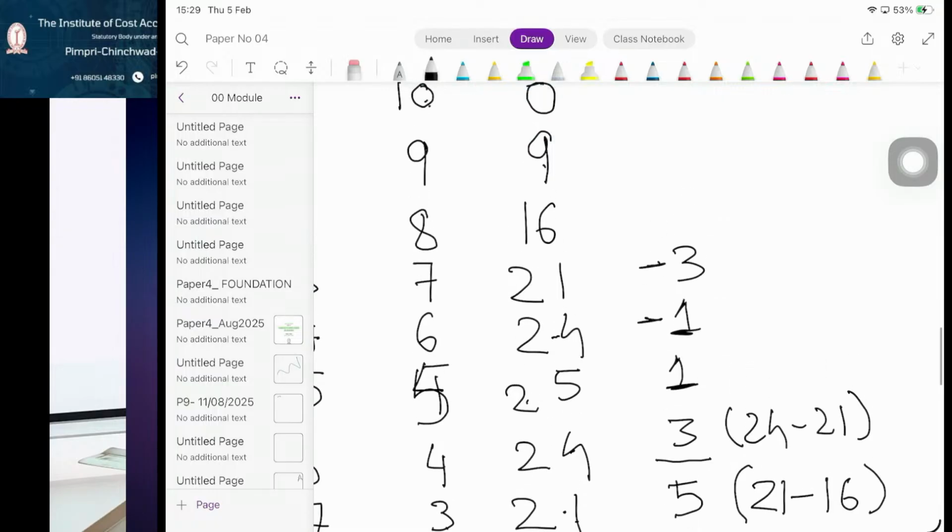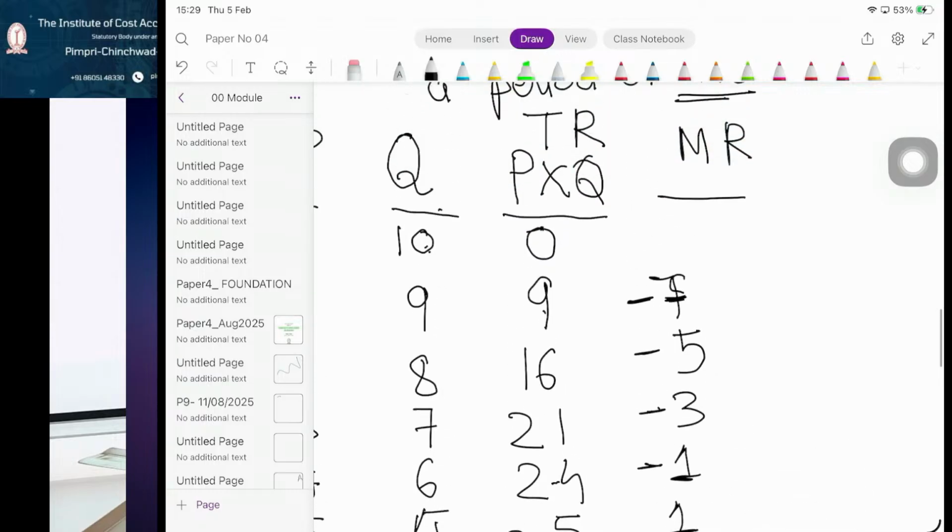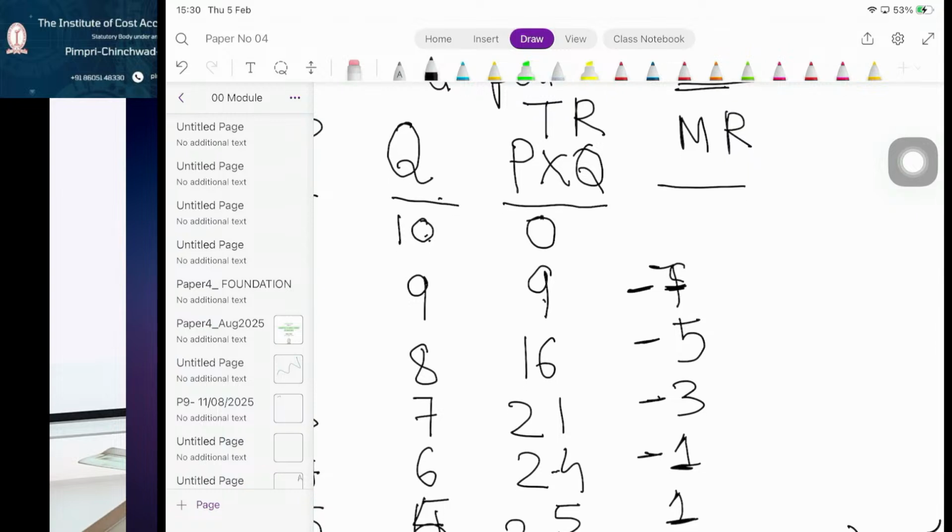Then it will be minus 5, and this will be minus 7, right? And the last one, revenue is 0 and 9, it will be minus 9. Got it?